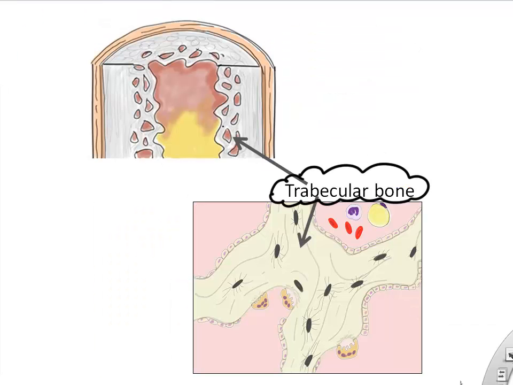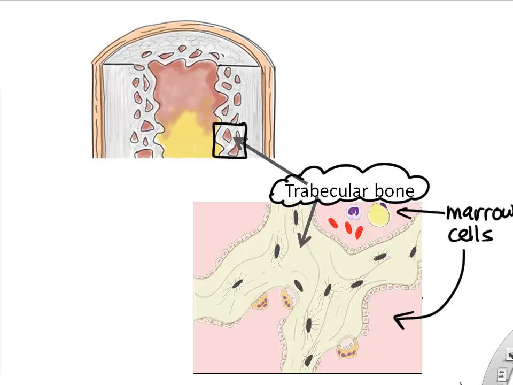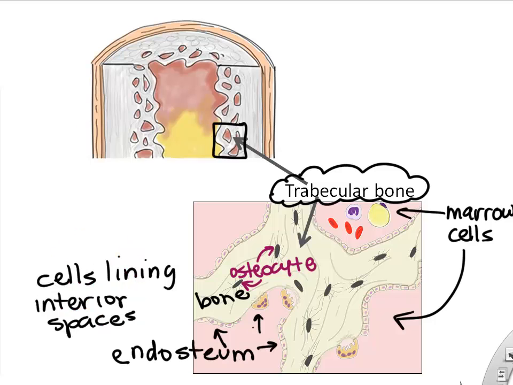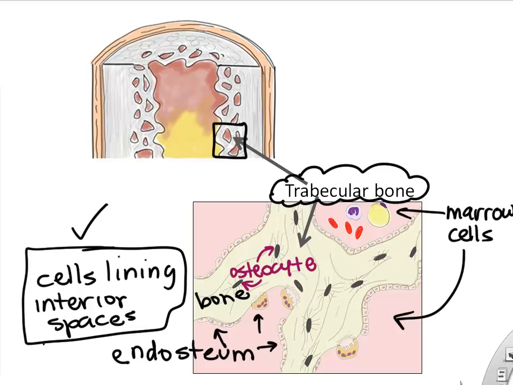If you look at trabecular bone, you don't see any osteons. Instead, you see marrow spaces. And then the hardened bone matrix is a little more irregularly shaped. It's still pretty much the same stuff, osteocytes embedded in a bone matrix of collagen and mineral. And then the other thing you'll notice is that you see these lining cells that cling to the edge of the bone in the marrow spaces. This is called endosteum.